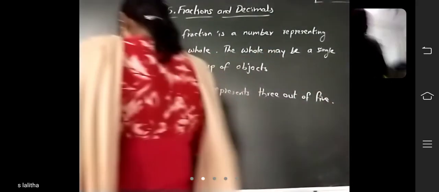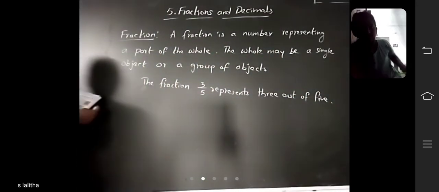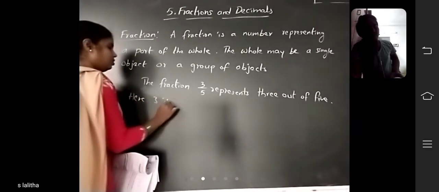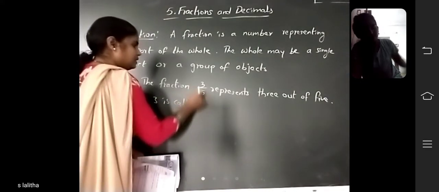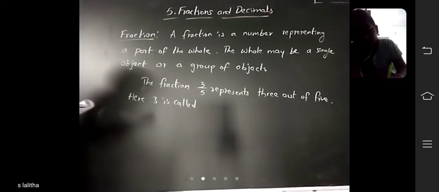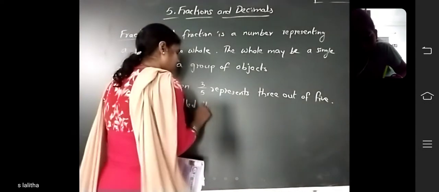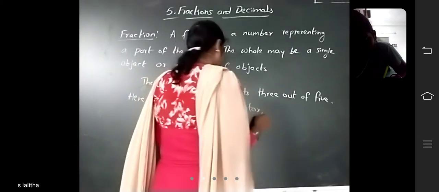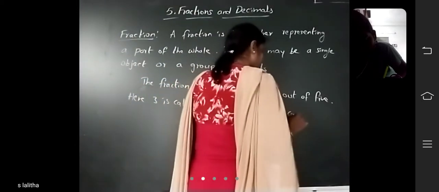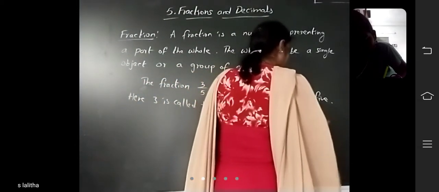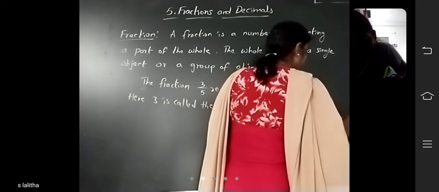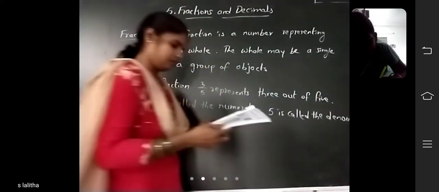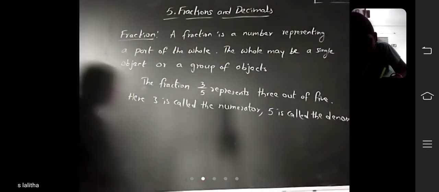So in the fraction 3 by 5, what is 3 called? 3 is called the numerator. 5 is called the denominator. Okay, come and write.